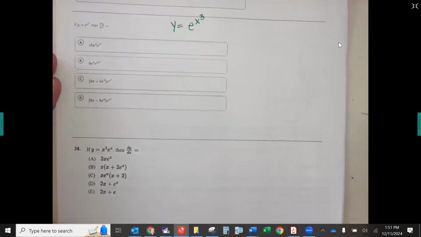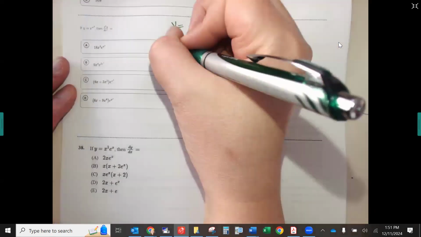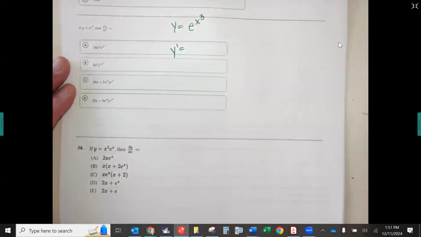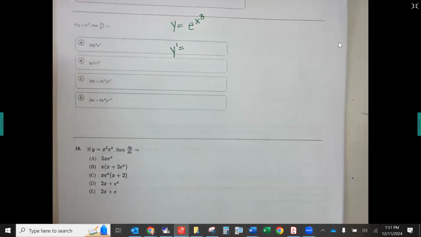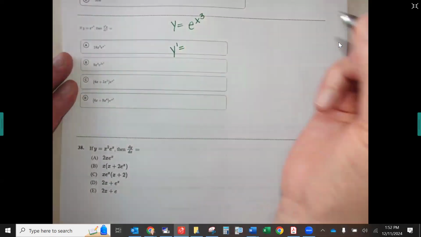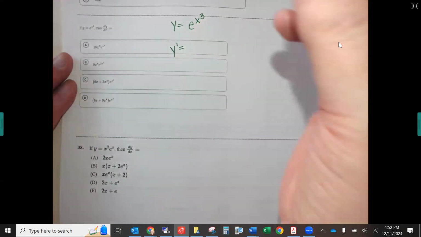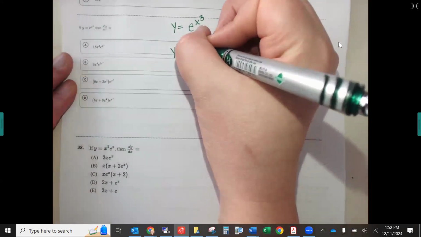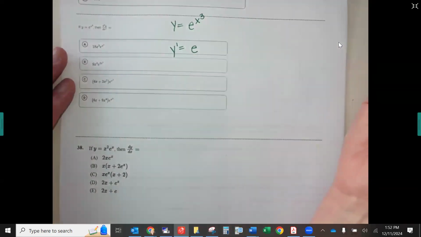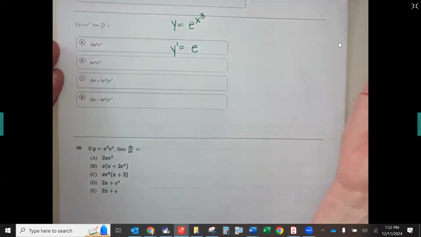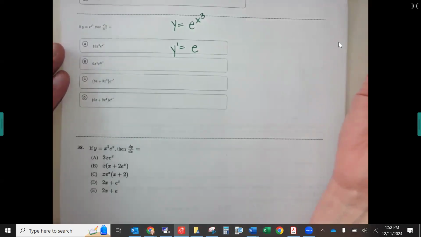Okay, we have e to the x cubed. What is the derivative of e? Okay, what is the derivative of e to the x cubed? Okay, hold on. That is kind of right, but kind of wrong. So e, remember, it's its own derivative.